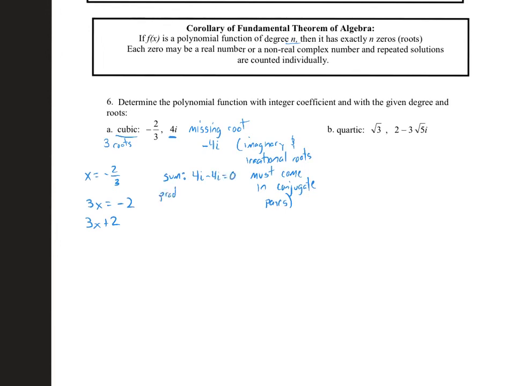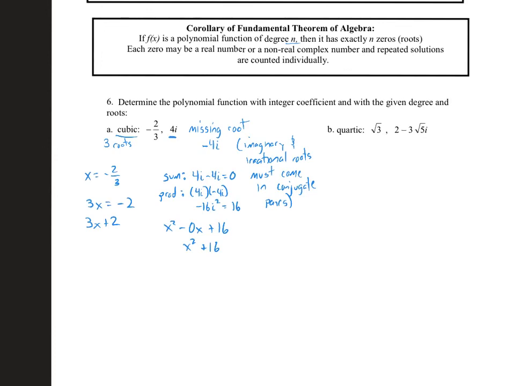Our product is going to be 4i times negative 4i, which is negative 16i squared, which is negative 16 times negative 1, or 16. So our quadratic here is going to be x squared minus our sum times x, so minus 0x, plus our product of 16, which is x squared plus 16.